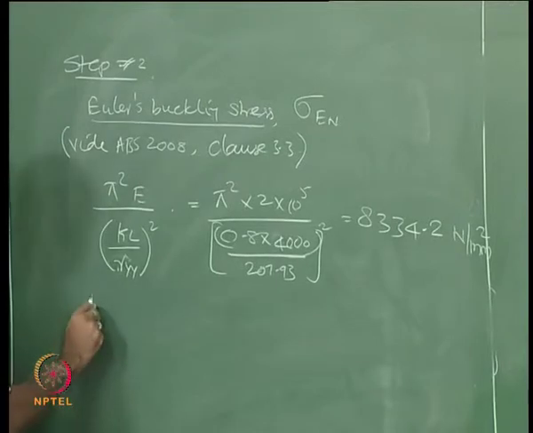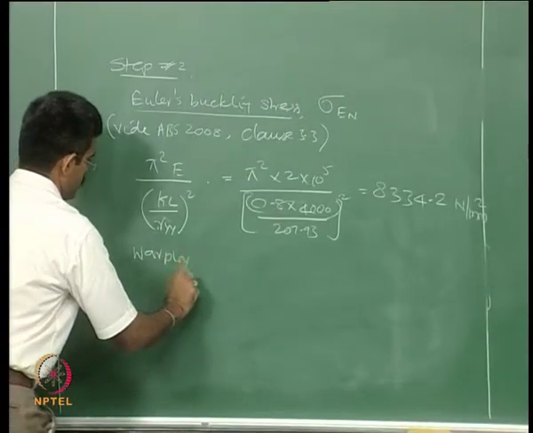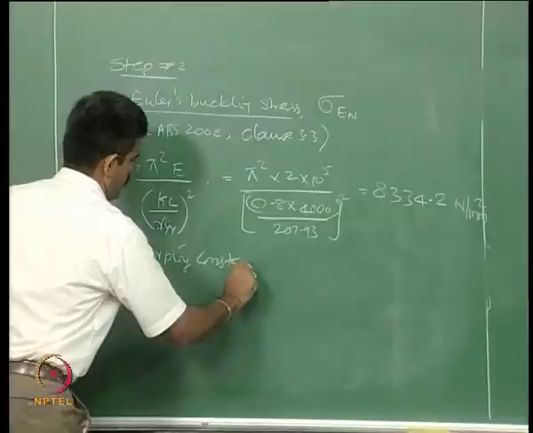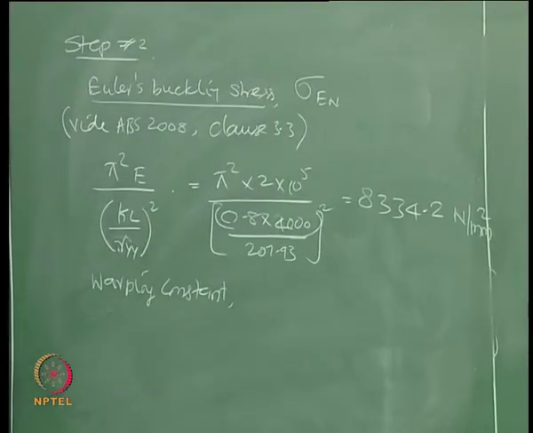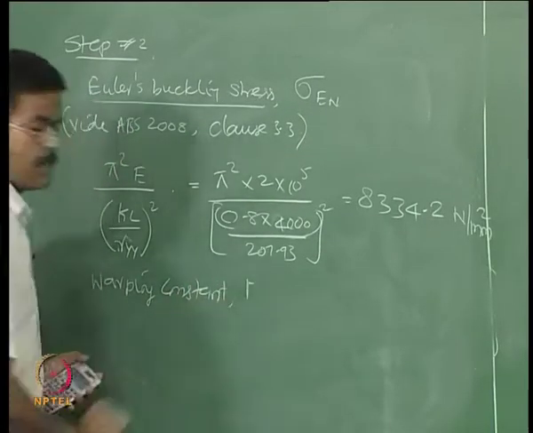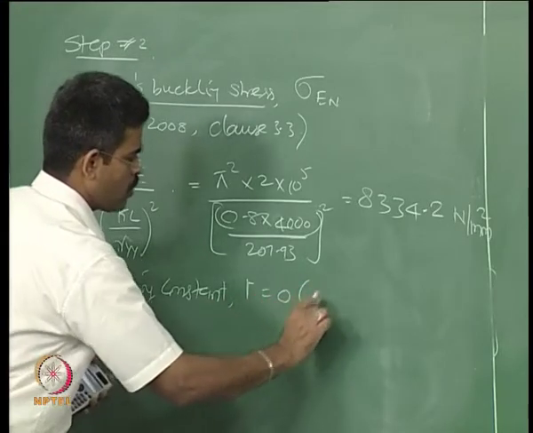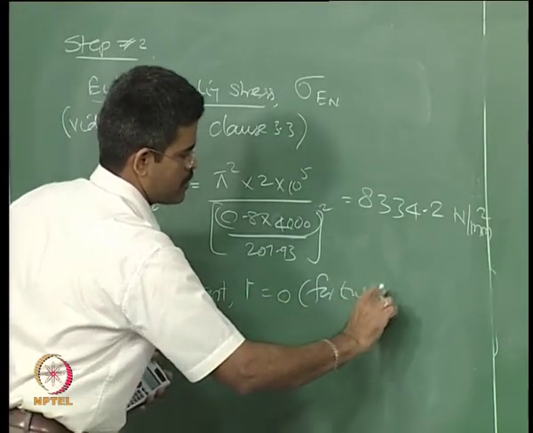We also compute the warping constant, which is given as gamma. Generally this is given as 0 for tubular members.